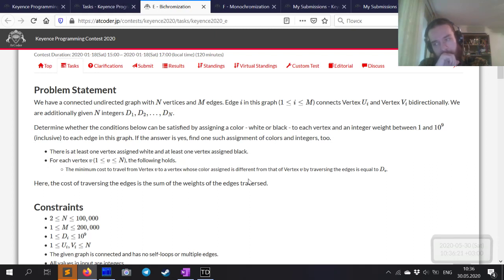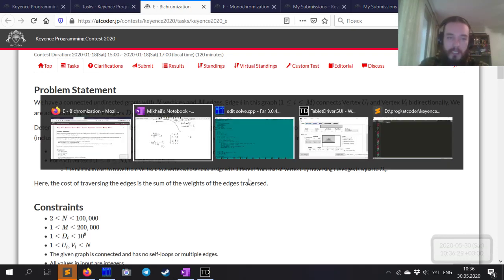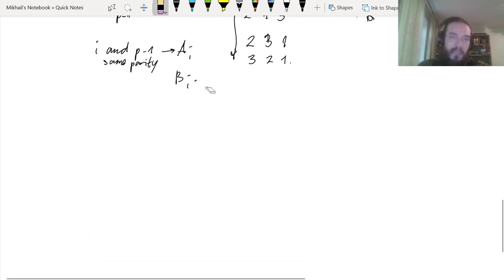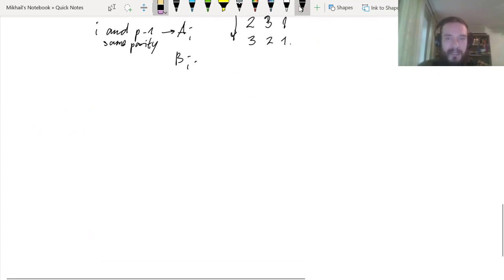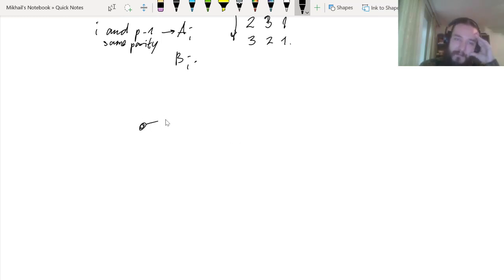And the closest distance to a vertex of a different color is G_v. So to put that in simpler terms, we have a graph, right? We have something that's called G_v for each vertex. We want to color all the vertices white or black, and also put numbers on the edges.